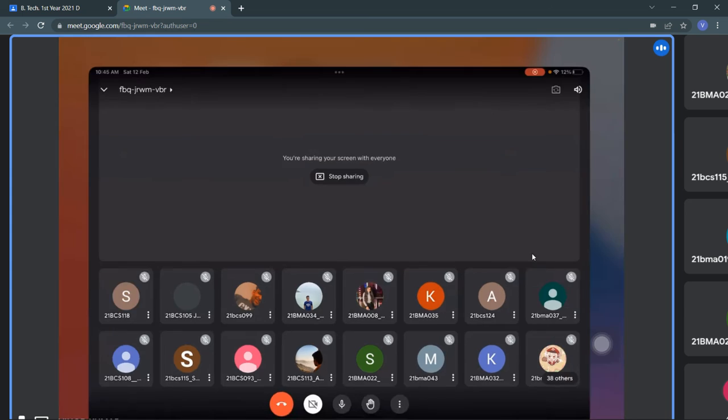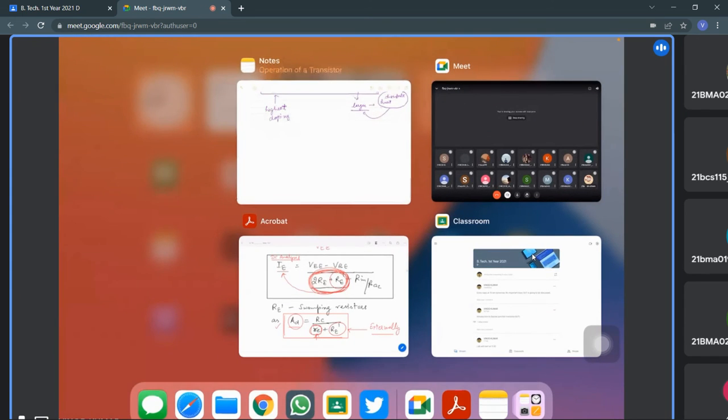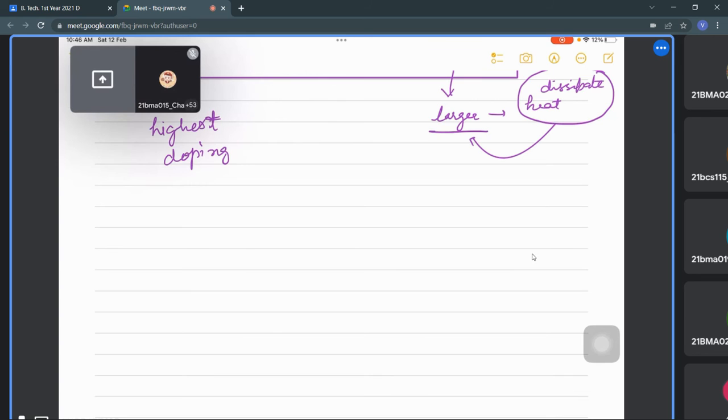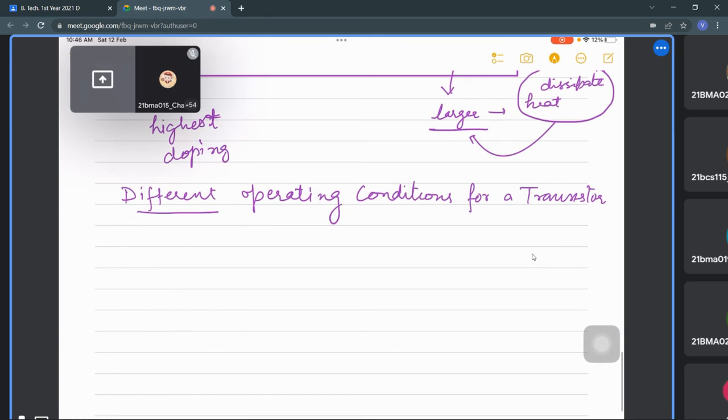Okay, so we have 4 possibilities, different operating conditions for transistors. For a transistor, we have 4 possibilities.